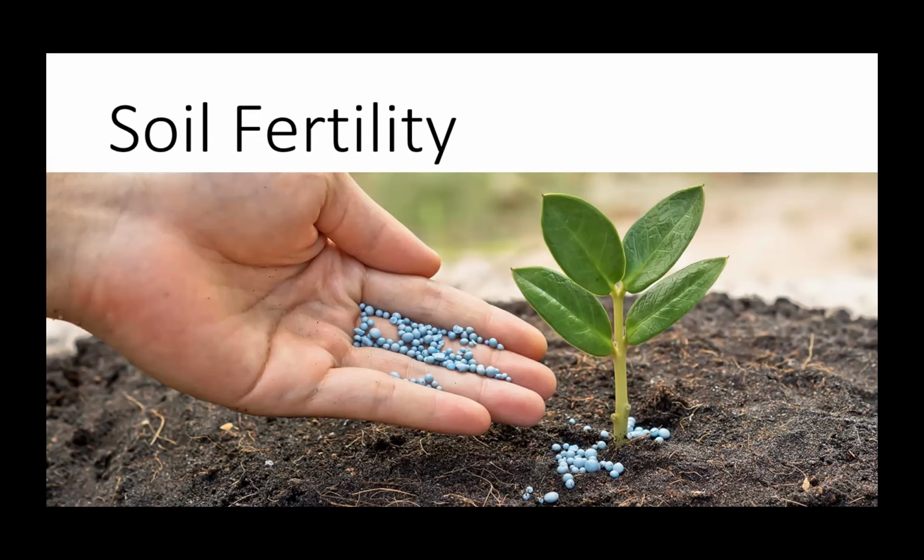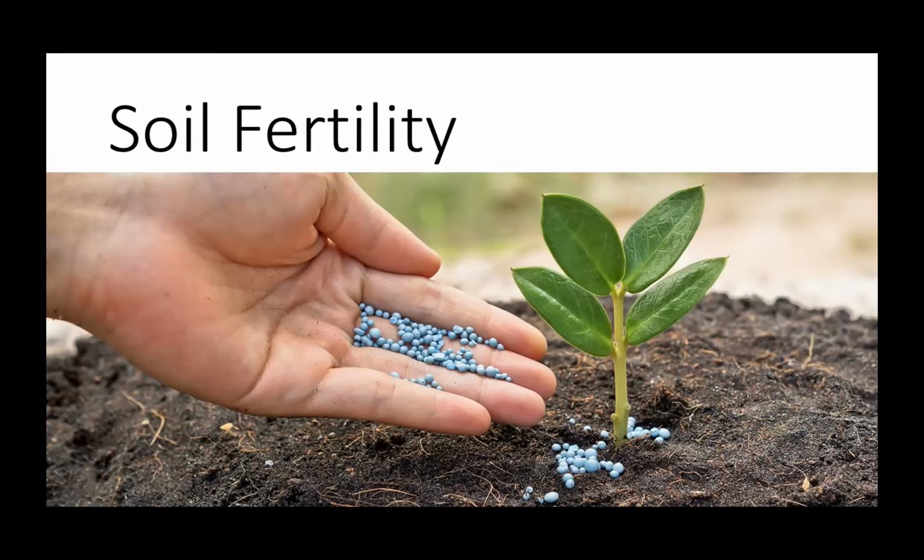Fertility is something we tend to manage quite a bit from year to year. There was a question at the beginning about fertility versus productivity. The physical properties cover productivity: how much light and air and temperature is available for your plant, and water.